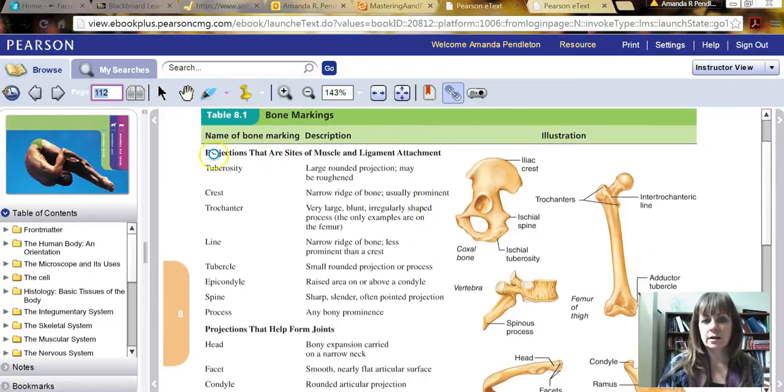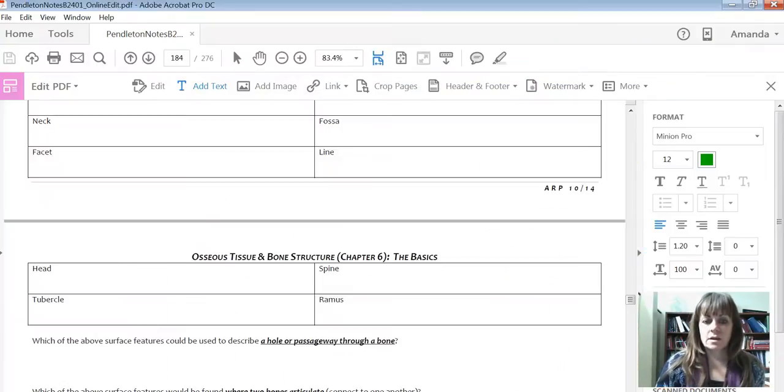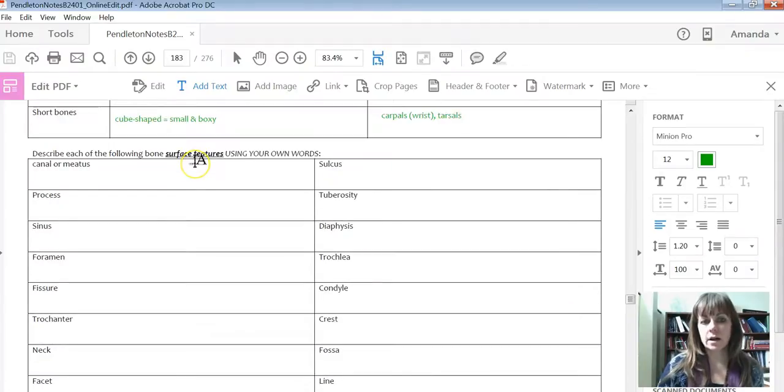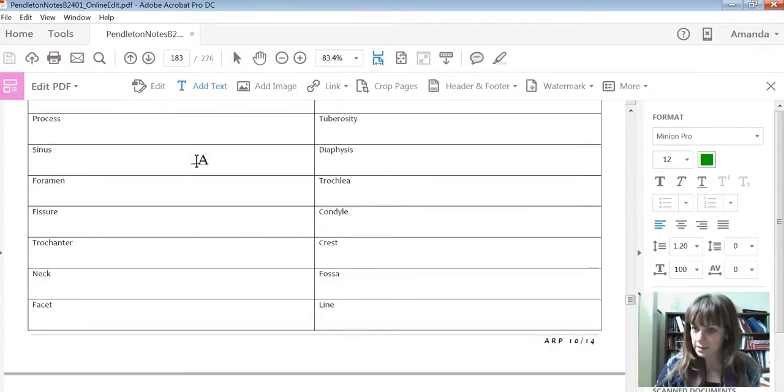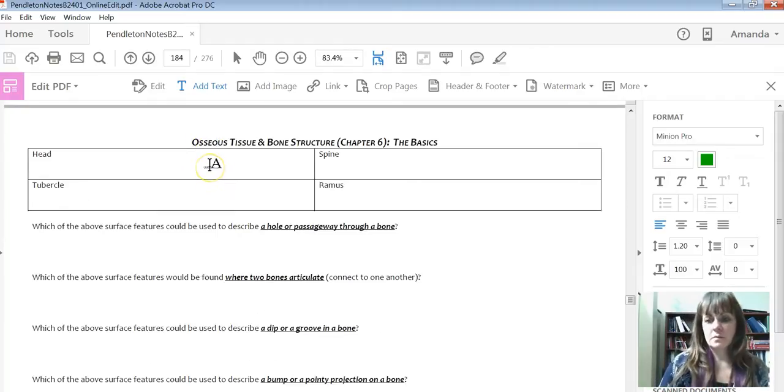It lists out all of these surface feature names and gives you the descriptions. So I would write those here. And then to make it easier for yourself, what I would suggest doing next is grouping them and looking through all of those and saying which ones of these would describe a hole or some sort of passageway through a bone.